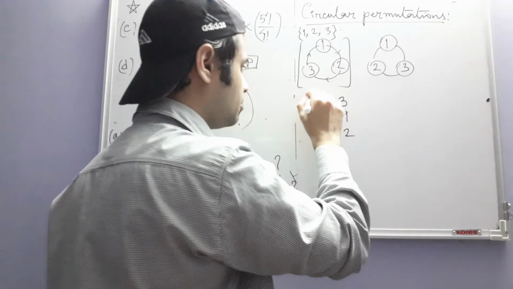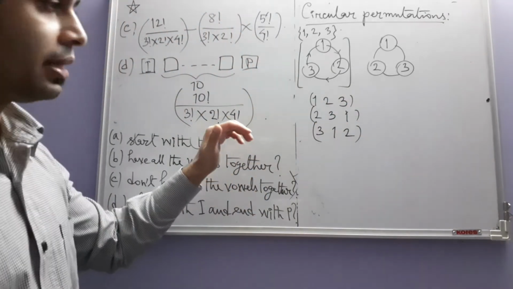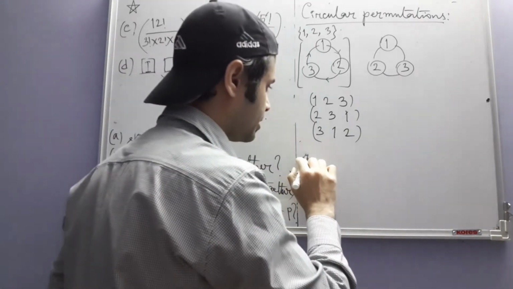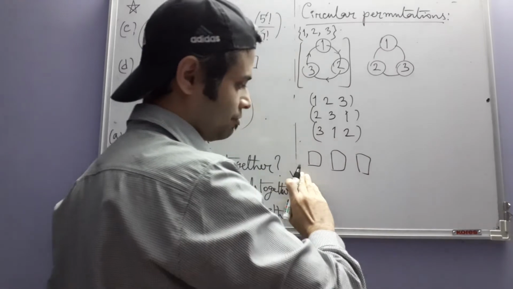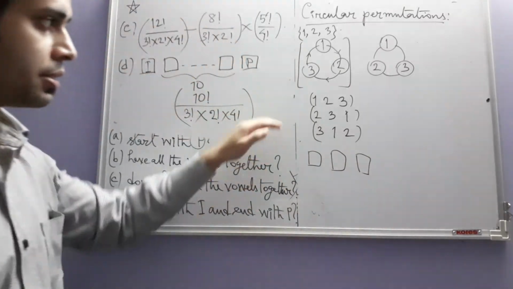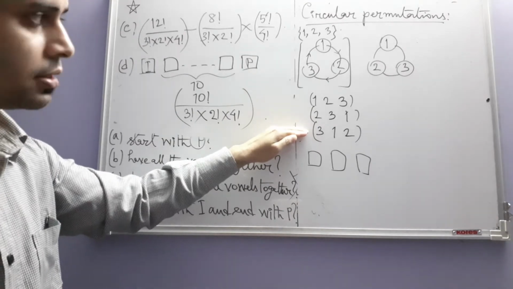Okay, these arrangements, if I had a linear pattern like 1, 2, 3, these arrangements are of course different permutations.